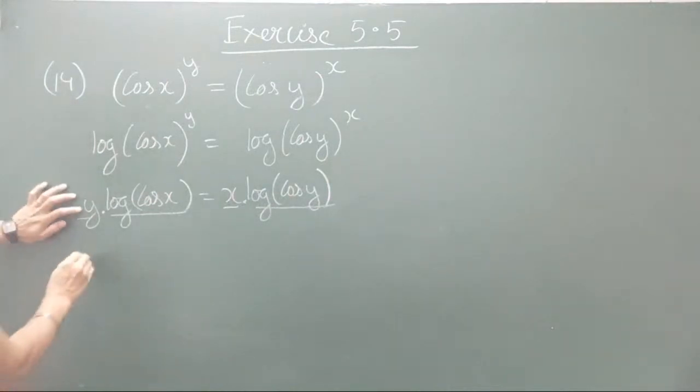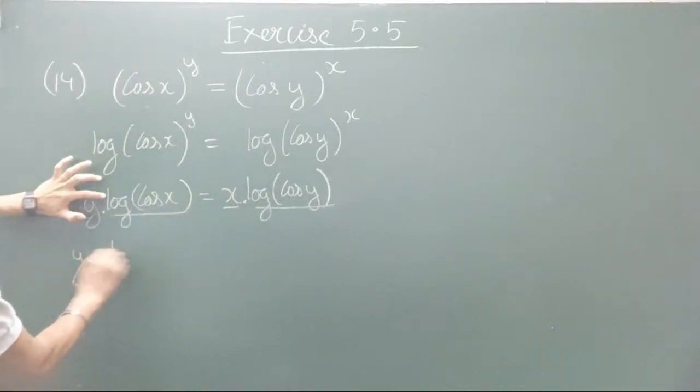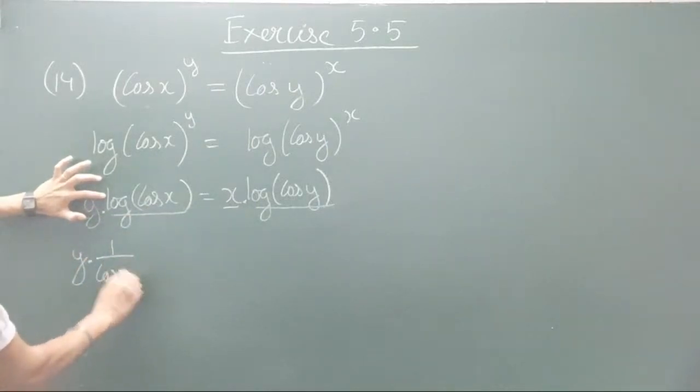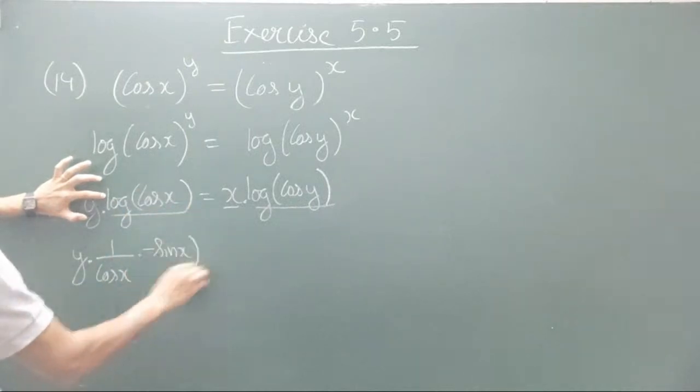So let's start. I'll do it directly, chain rule. Differentiation of log of cos x is 1 by cos x, and differentiation of cos x is minus sine x.